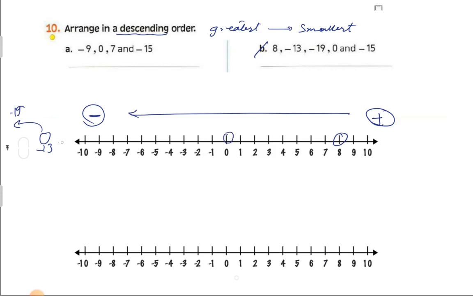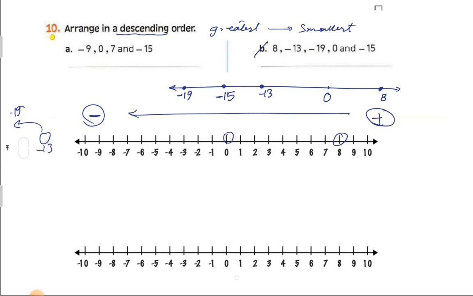Negative 15 is between negative 13 and negative 19. So I have 8, of course it's here, and negative 13 maybe here, negative 19 here, and 0, and negative 15 in between negative 13 and negative 19.